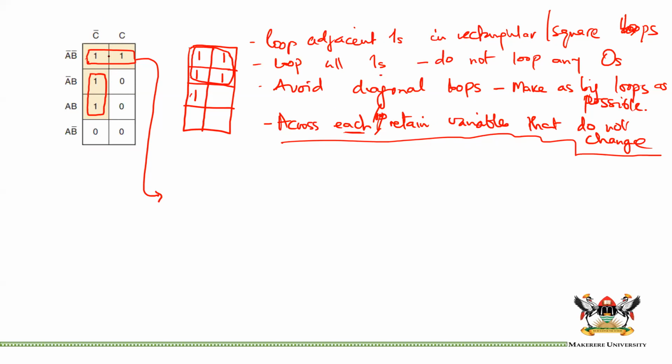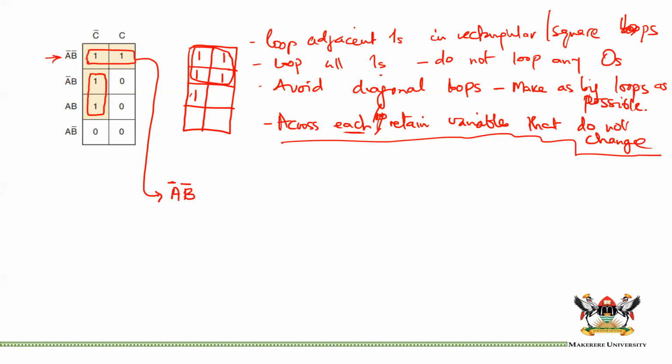Clearly, this loop includes C inverse and C, so that one must go. However, on this side, both ones correspond to A inverse, B inverse. So that loop is expressed as A inverse, B inverse. The C variable has gone.